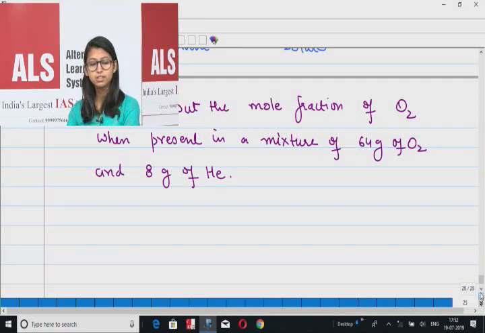Two gases mixture is given. I have given you the masses also. You people are aware how to find out the moles. Find out the moles and then with the help of the formula find out the mole fraction. Do it.